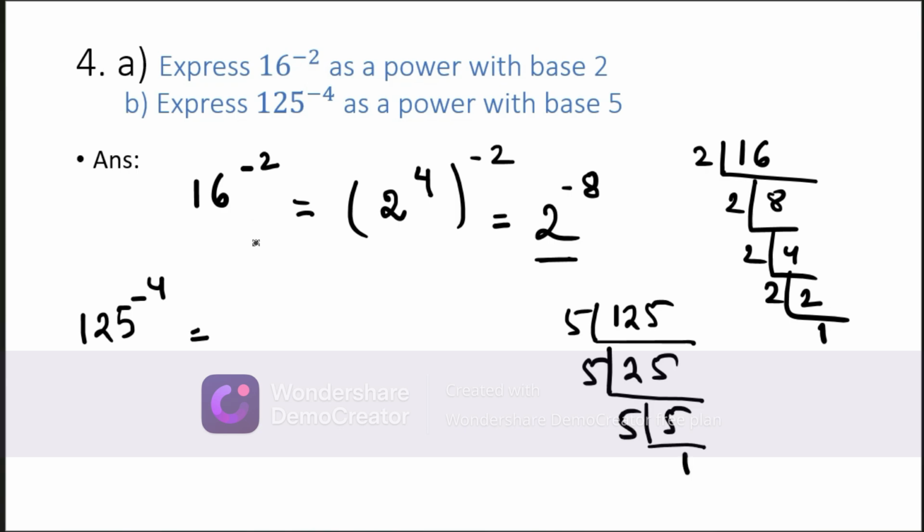So 125 is equal to 5 cube. So (5^3) whole to the power -4. So just write 5 to the power 3 into -4, that is -12. That is 5 to the power -12. So I express 125 whole to the power -4 as a power with base 5. Okay, now go to the next problem.